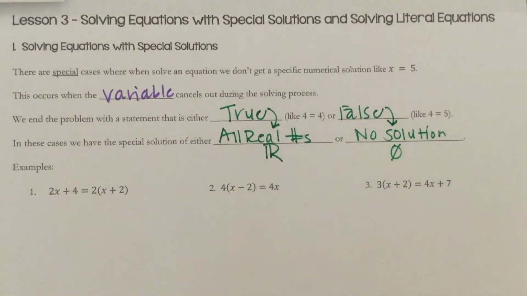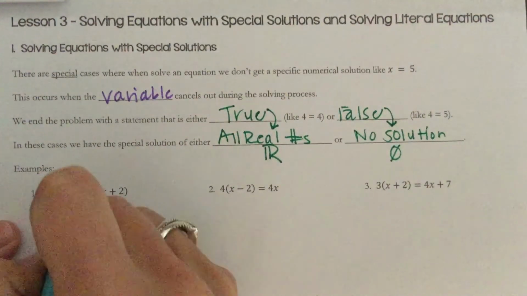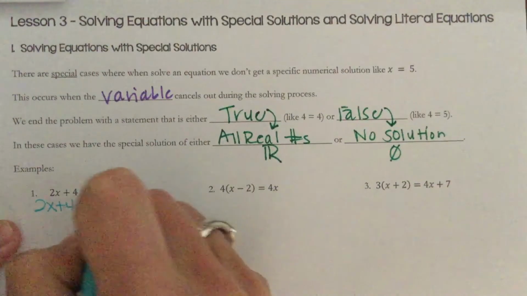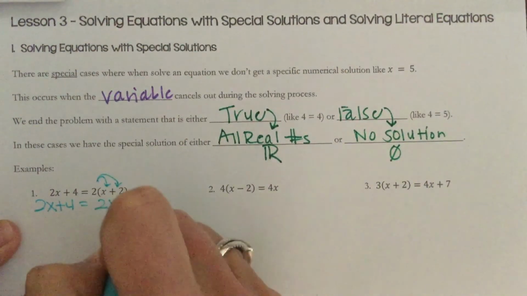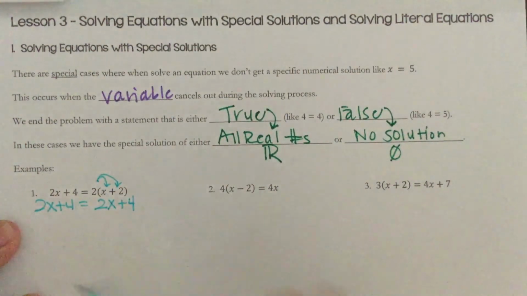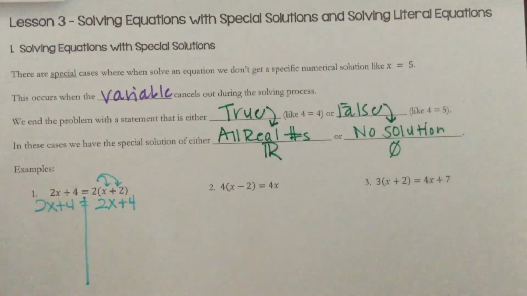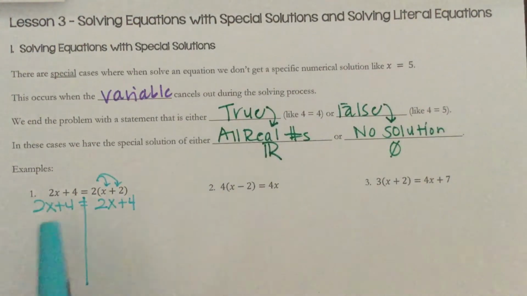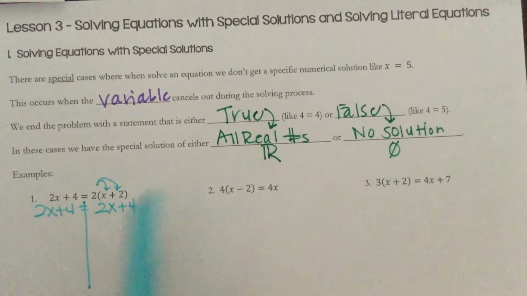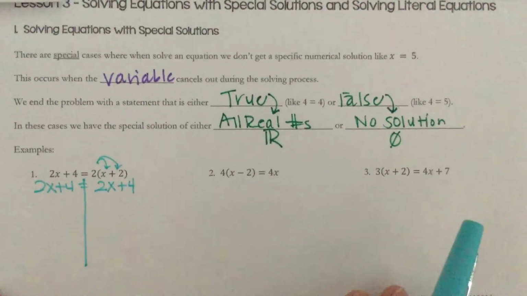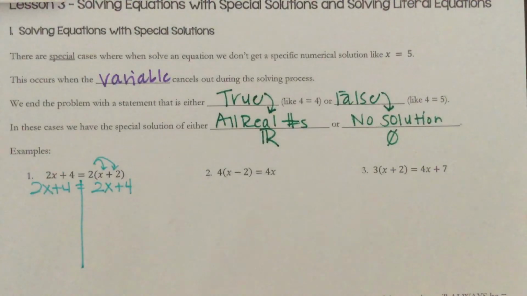Thinking about our 6 steps, in the first problem, we are going to start by distributing. The left-hand side is going to stay the same, and the right-hand side is going to become 2x plus 4. Continuing with our steps, there are no fractions or decimals to eliminate, and there are no like terms over here or over here to combine. So we move on to addition or subtraction.